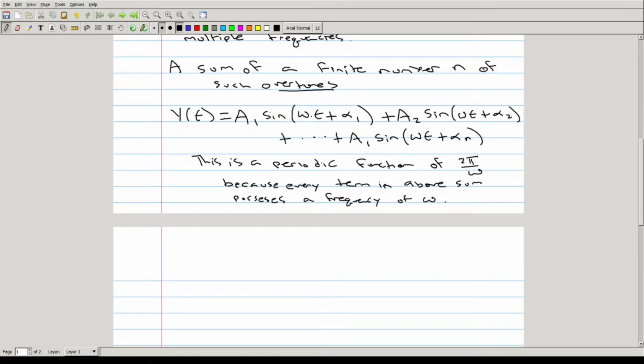So if you go through and check the periodicity of each function in this sum, they're all going to have a period of 2 pi over omega. So the function as a whole will also have a period of 2 pi over omega.